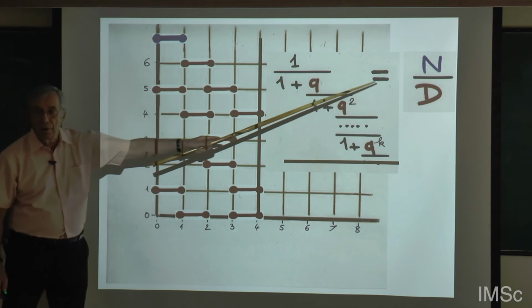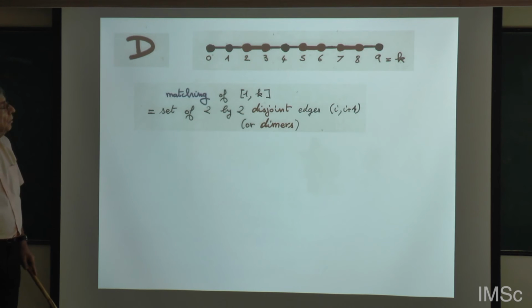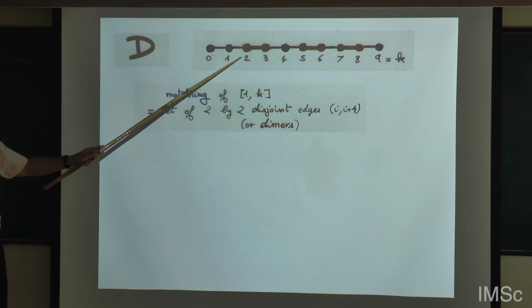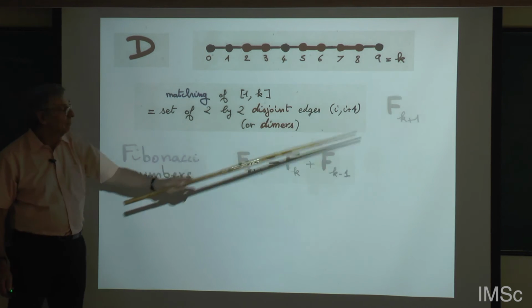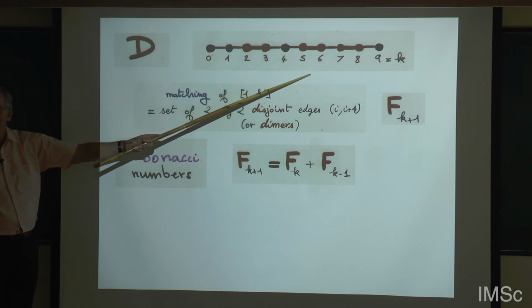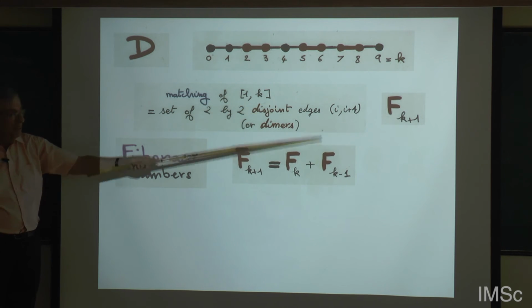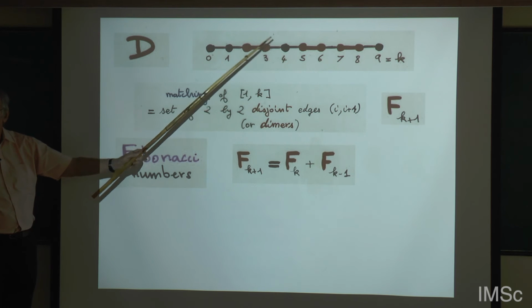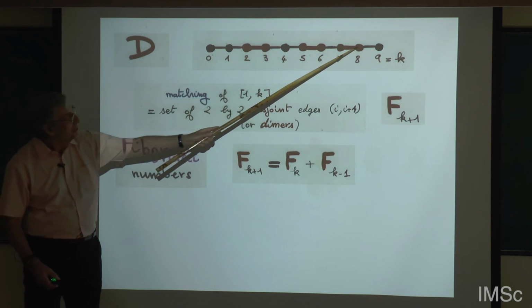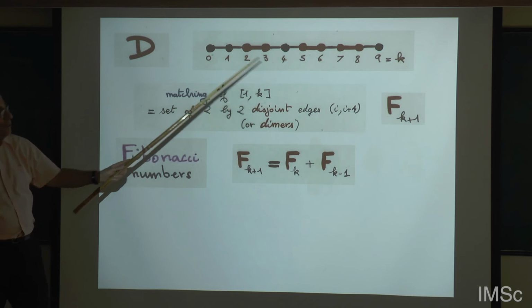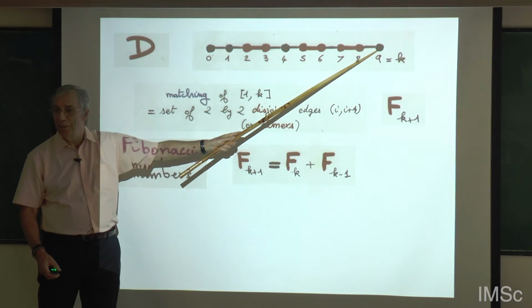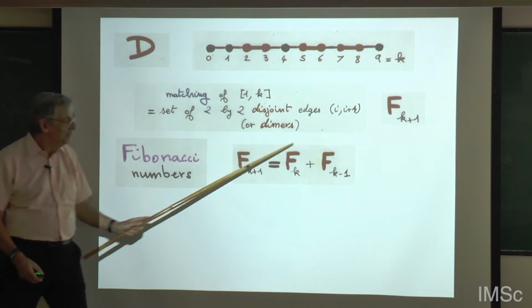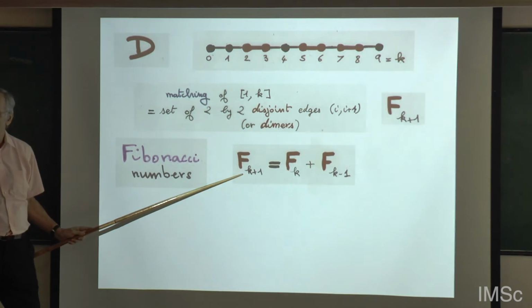And if you apply the formula N over D, what you get is D is going to be matchings, 2 by 2 disjoint. It's again trivial heaps of pieces, but on a finite segment. And the number of such matchings, the matchings of a graph, is exactly the Fibonacci numbers. Because, of course, for the number of such matchings, you look at the last point, and there are two cases. Maybe the point is isolated, maybe there is a dimer on this point. And looking at the last point gives you very easily this recurrence.